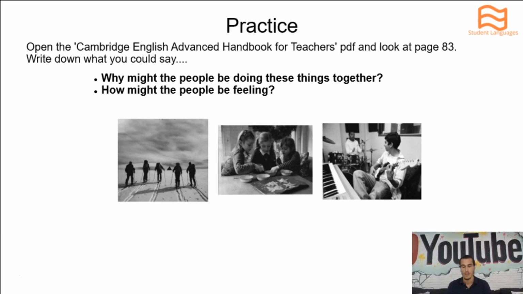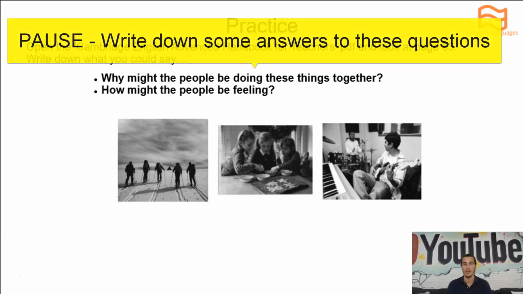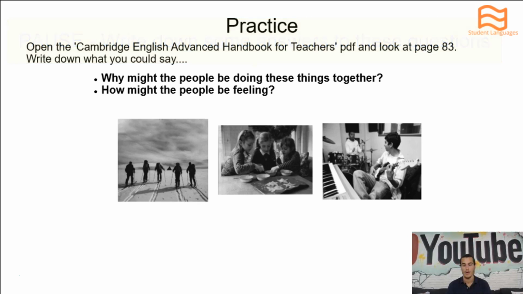Okay? So pause this video now for a couple of minutes and write down some potential answers to these 2 questions. And when you're ready, you can press play on this video. Okay.